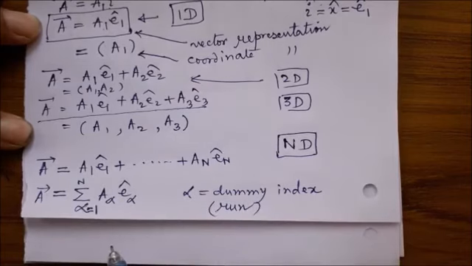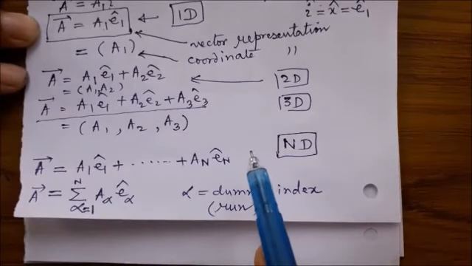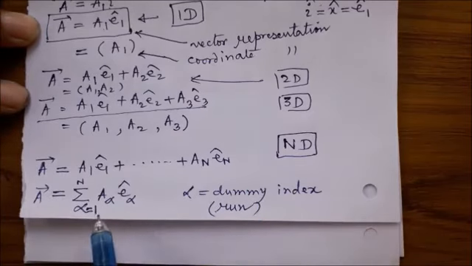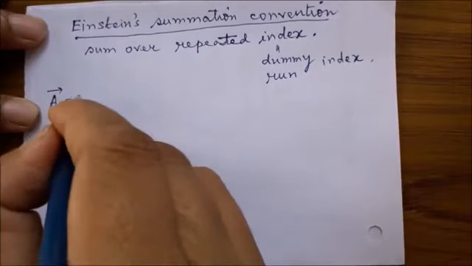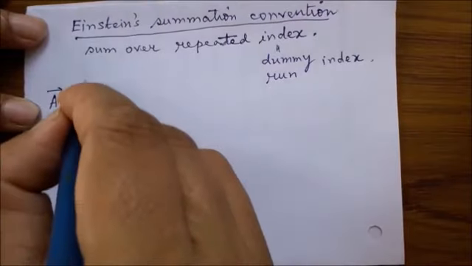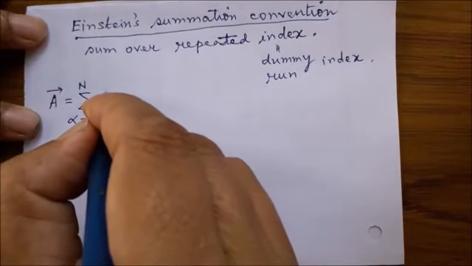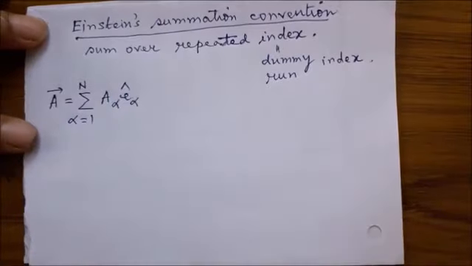Because it assumes various values, it cannot be associated with a particular value. It just takes the values, so various numerics run over it. In n-dimensional space, we had written vector A as the sum over alpha equal to 1 to n of A alpha, E alpha hat.